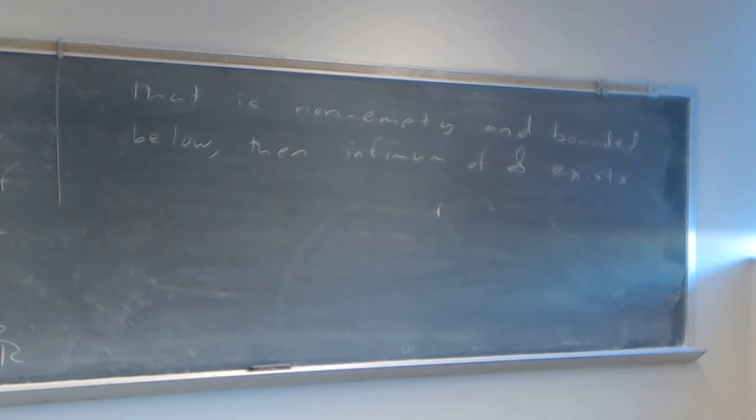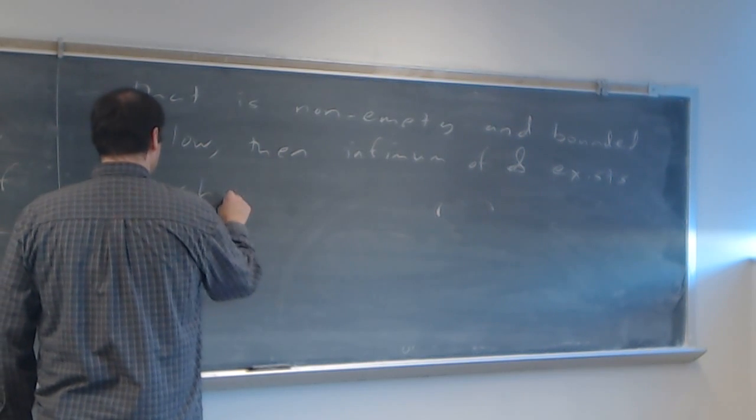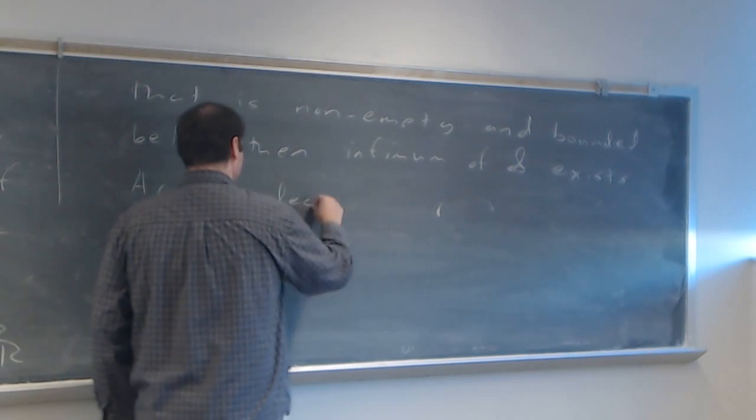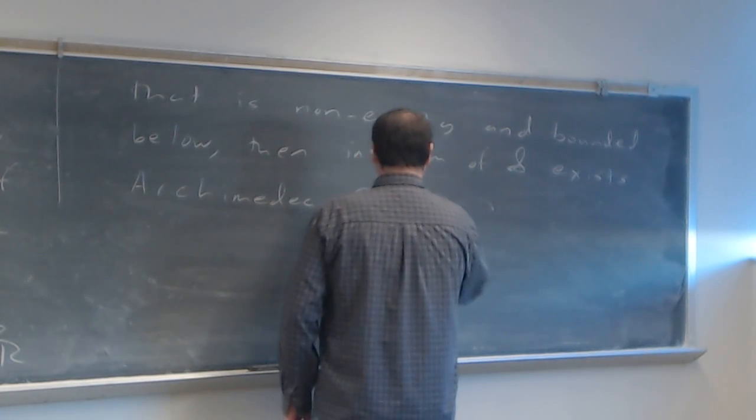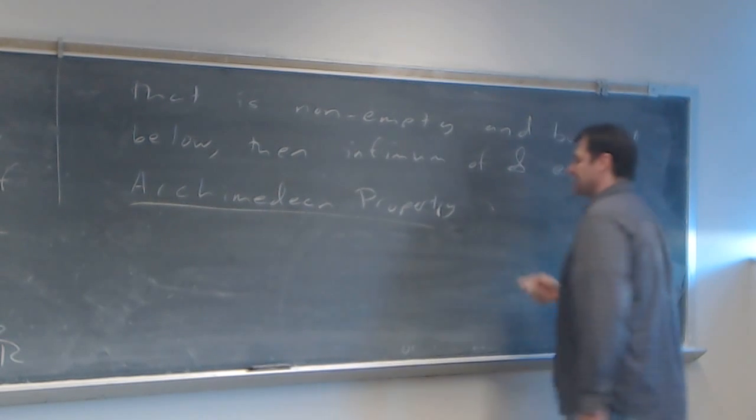Okay, so I want to say that. We've got two minutes. I want to give you a named fact. Okay, here it comes. This is called the Archimedean property, and here's what it says.